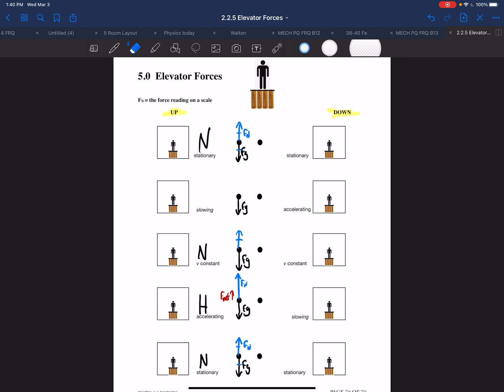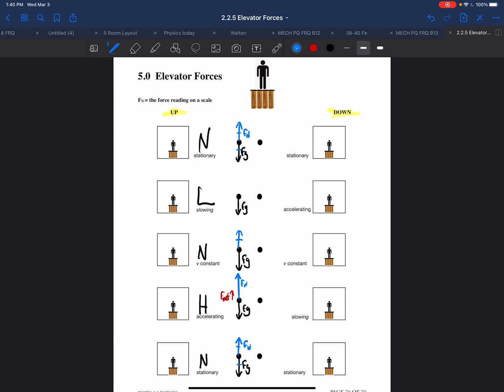But what happens is the person is moving at a certain velocity, and due to the law of inertia, an object wants to keep its current state of velocity, but the elevator slows down. Since the elevator slows down and the person keeps going at the same speed, the springs elongate a little bit, which makes it light. So the person will feel light.